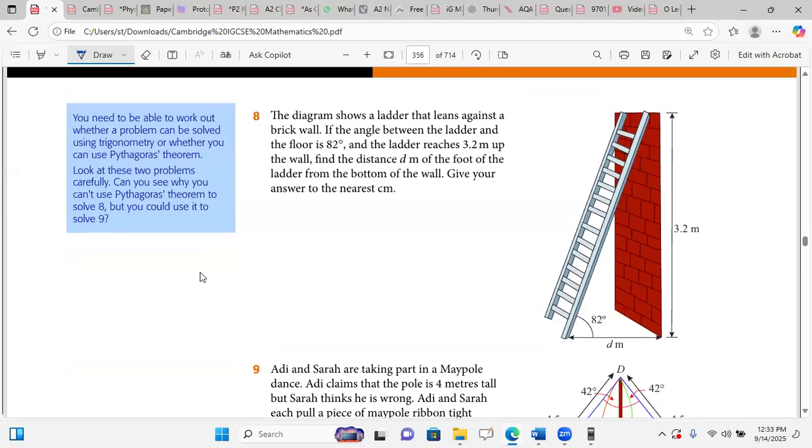So a ladder is given. He is saying calculate the distance of the base of the ladder from the base of the wall. In that case, I will have to calculate the adjacent. And for the adjacent, we know that we will have to do length divided by tan of the angle, like 82, we should write down. Let's go for the calculation.